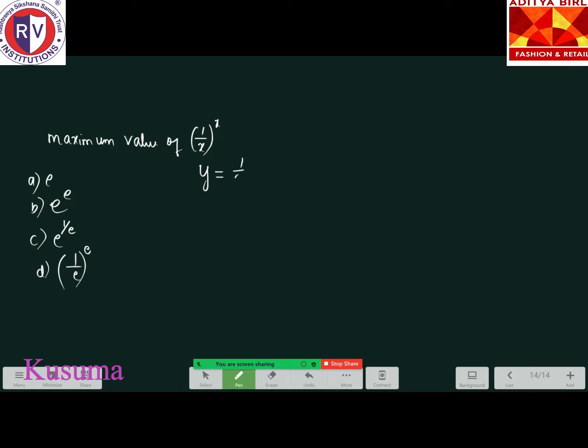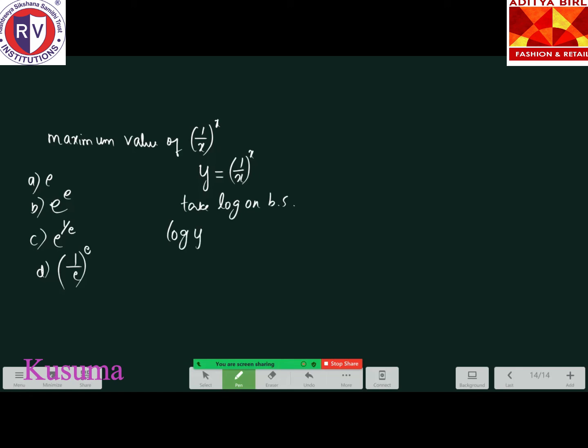Let y be equal to (1 by x) to the power of x. Okay, now let us make use of logarithmic differentiation for this. Let us take log on both sides. So what happens here?